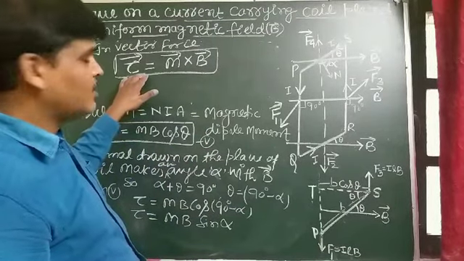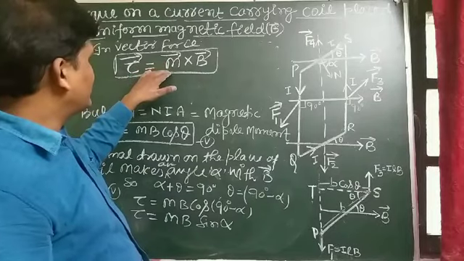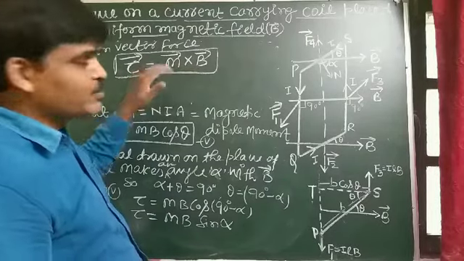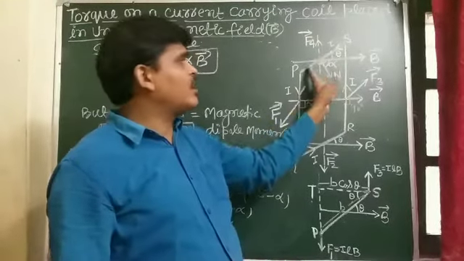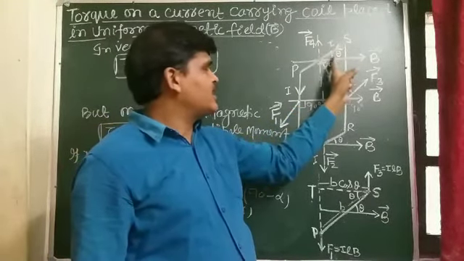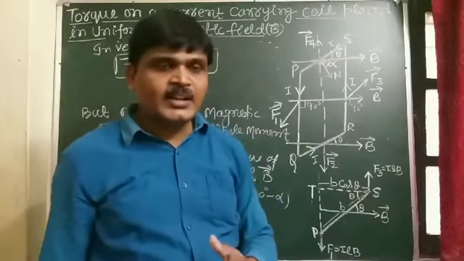Vector tau equal to vector m cross vector B, and this formula is written only when the normal drawn on the plane of the coil makes an angle alpha with the direction of the magnetic field.